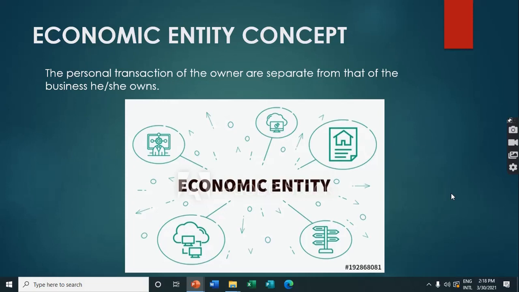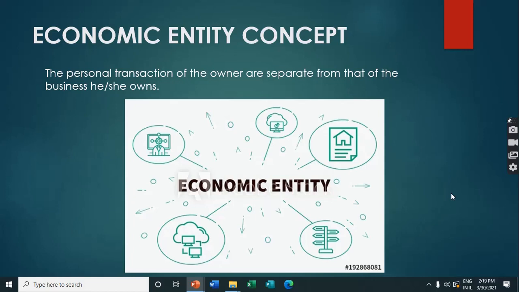So, when the owner spends money, ayan, for the wedding ng anak niya at personal niyang pera, that is not a business transaction. And anything that is happening in the business is not related to what happened personally with the owner. Ayan.